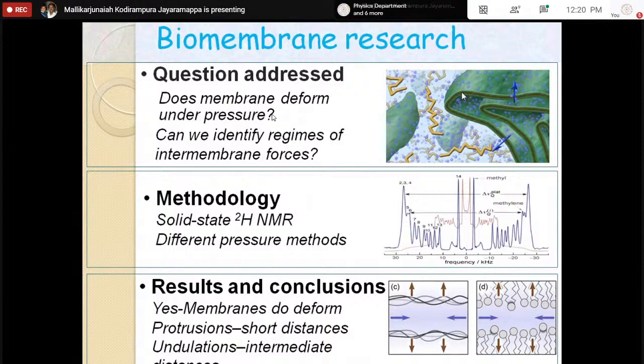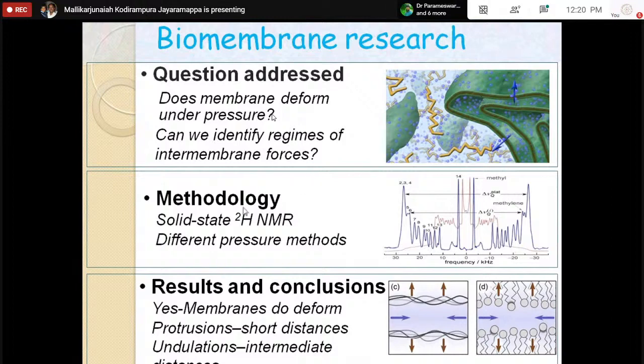We wanted to highlight and understand that, and also to understand the different regimes of intramembrane forces which can happen. Our system is biological in nature, but the problems we are addressing are of physics.